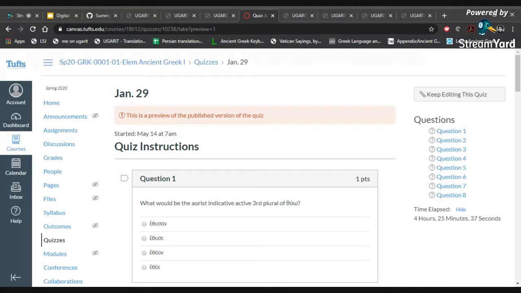And then I translated the exact same quiz into Persian and asked the students in my online course to do this. And I got to compare the results to see what the differences actually are.